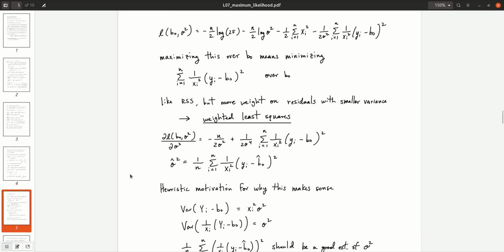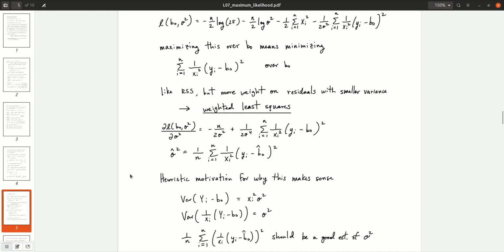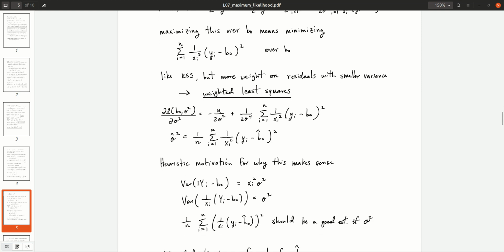I think this estimate also makes a lot of sense. Here's the heuristic motivation. The variance of yi minus b0, according to the model, this is the variance of the error term, is xi squared sigma squared. So if you take yi minus b0 and divide by xi, the variance of this is sigma squared.